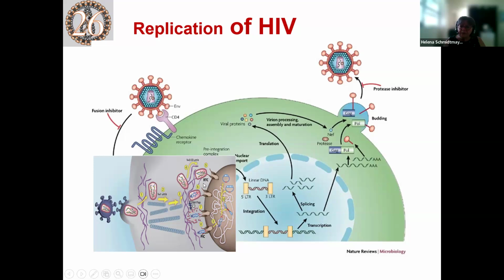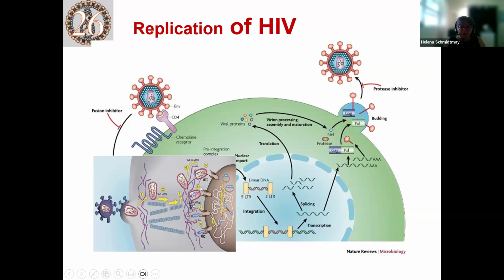This retrotranscription is completed around the time when the virus reaches close proximity of the nucleus, and completion of reverse transcription triggers uncoating. So the virus uncoats in the close proximity of the nucleus.